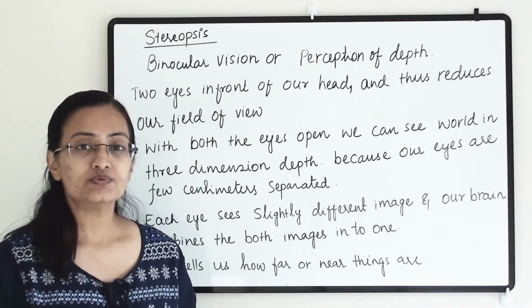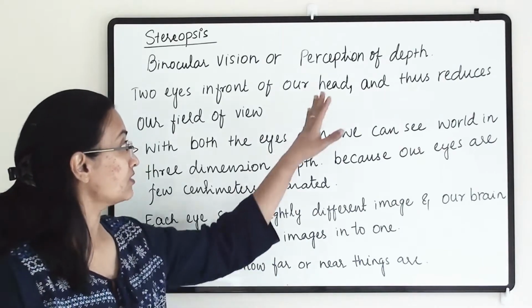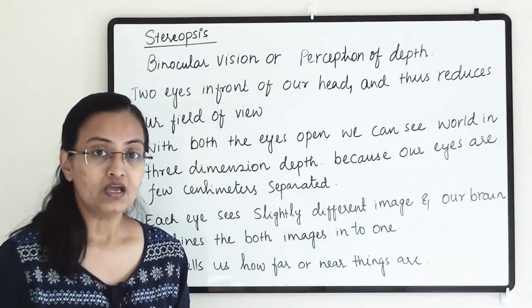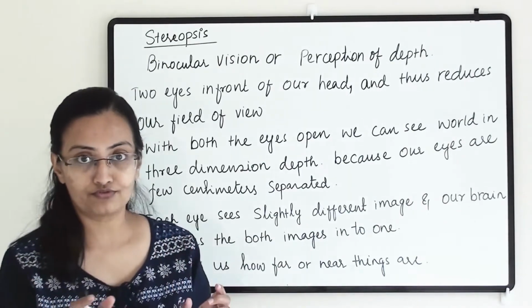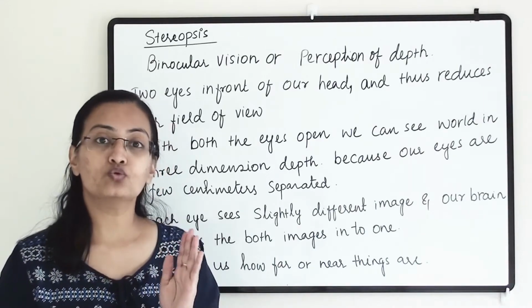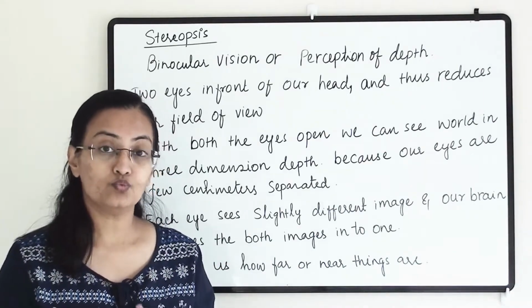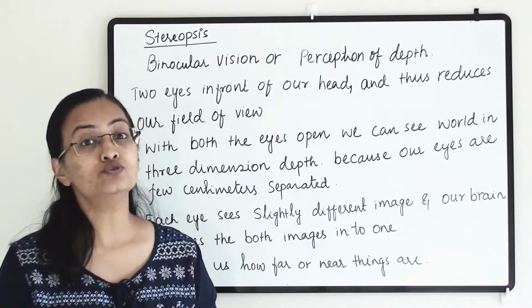Stereopsis. Stereopsis is binocular vision, or the perception of depth, because our 2 eyes are located a little bit far from each other. They are a few centimeters away. So when we close one of our eyes, we see a limited view and our world is 2-dimensional.